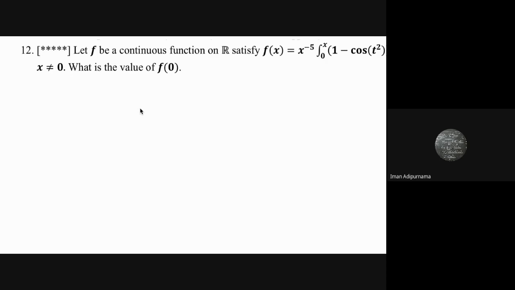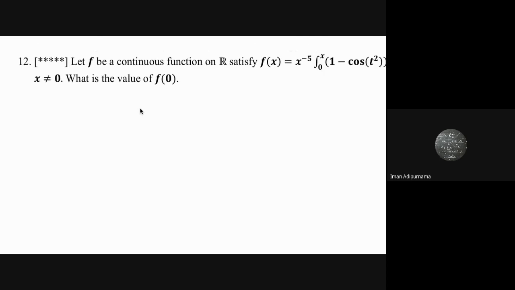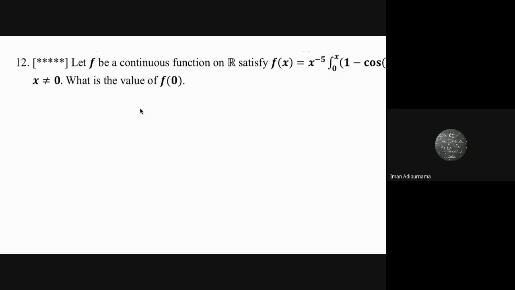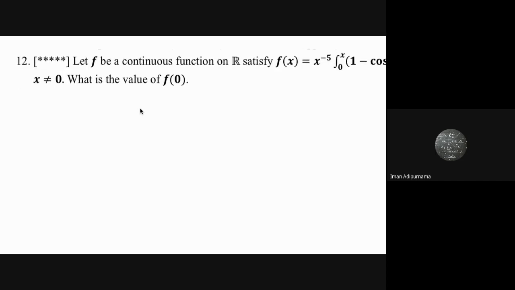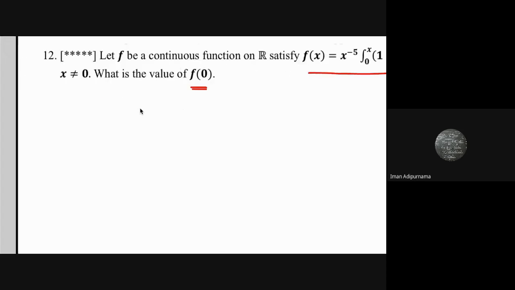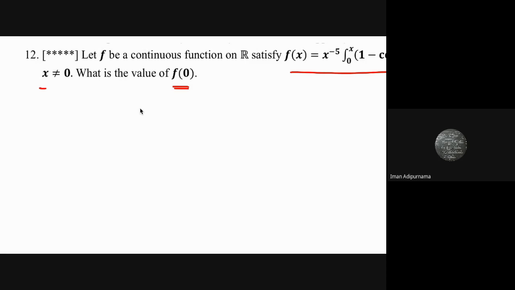Okay, we can start with, if you look at the question, it says what is the value of f of 0, which means we need to evaluate the function at x equals 0. But the function itself is satisfied for x not equal to 0.